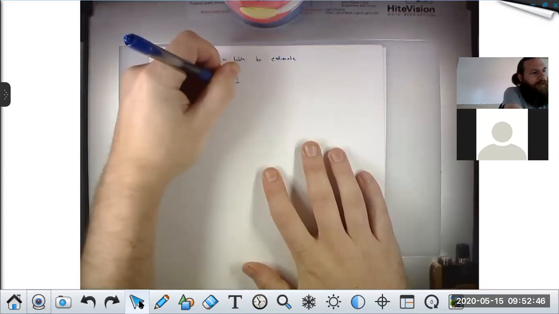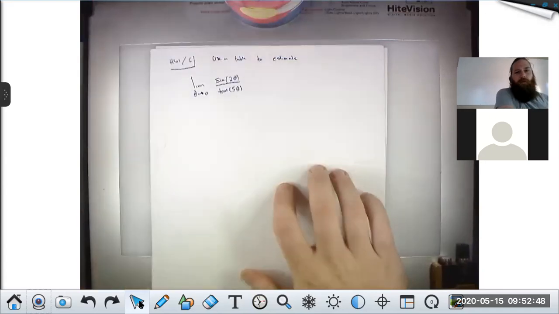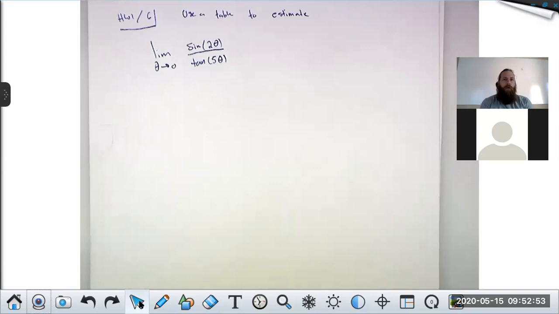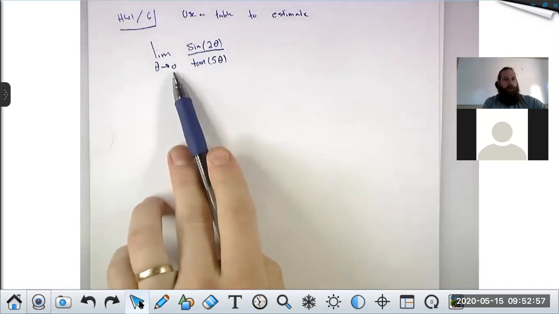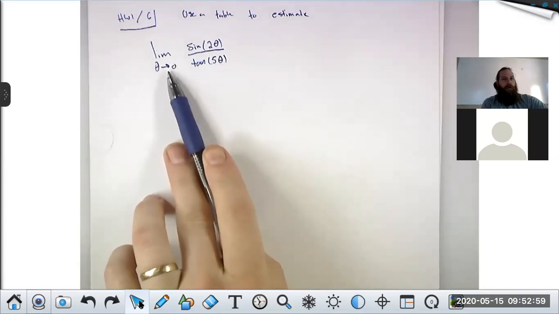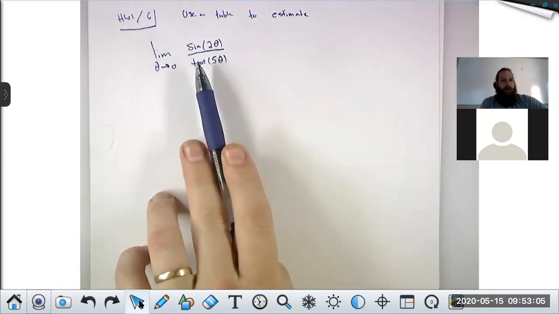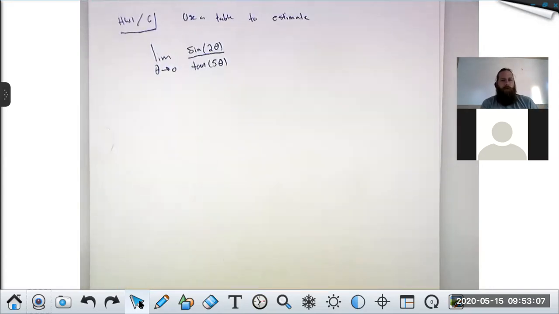Yeah, think about the table of values that we use to approximate a limit in our lecture Wednesday. We just put in a bunch of values for the variable that were close to this number. So here our limit is going to 0. We're sending theta to 0. So we should put in a bunch of values for theta into this function, sine 5 theta over tan 2 theta, that are very, very close to 0, and see if we can come up with a reasonable guess.